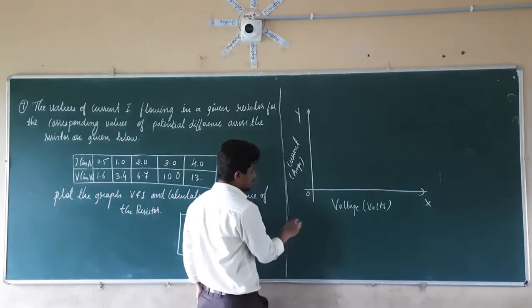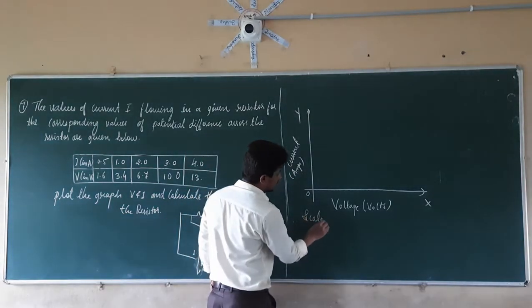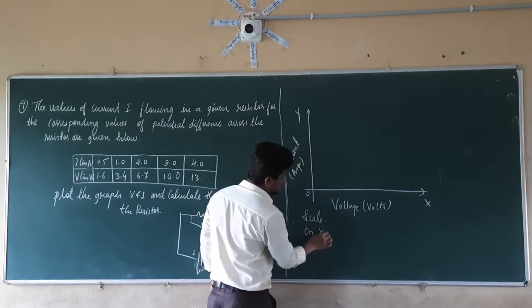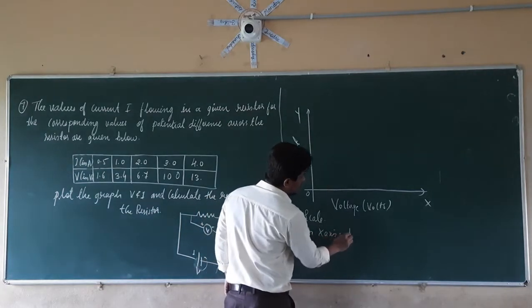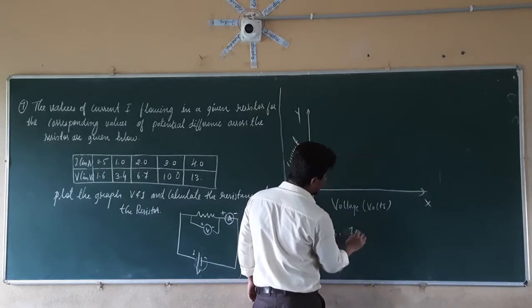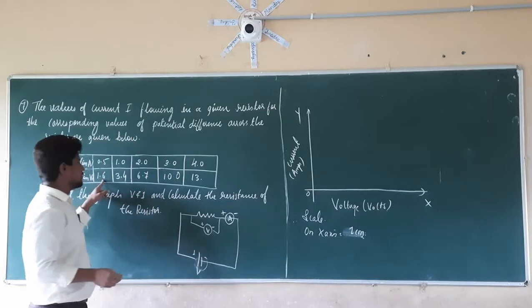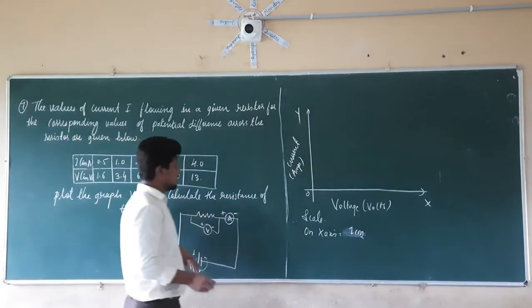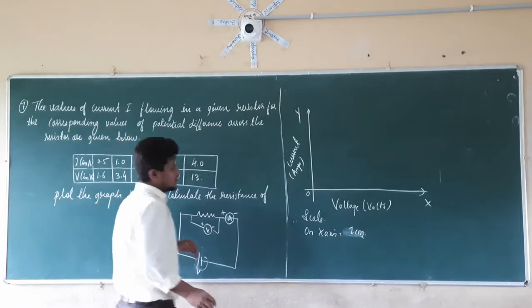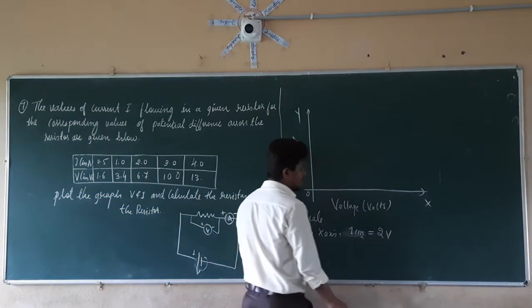So now let us take the scale here. Scale on the x-axis: see here it is given as 1.6 volts, and we are going to take up to about 30, so 1 centimeter is equal to 2 volts.